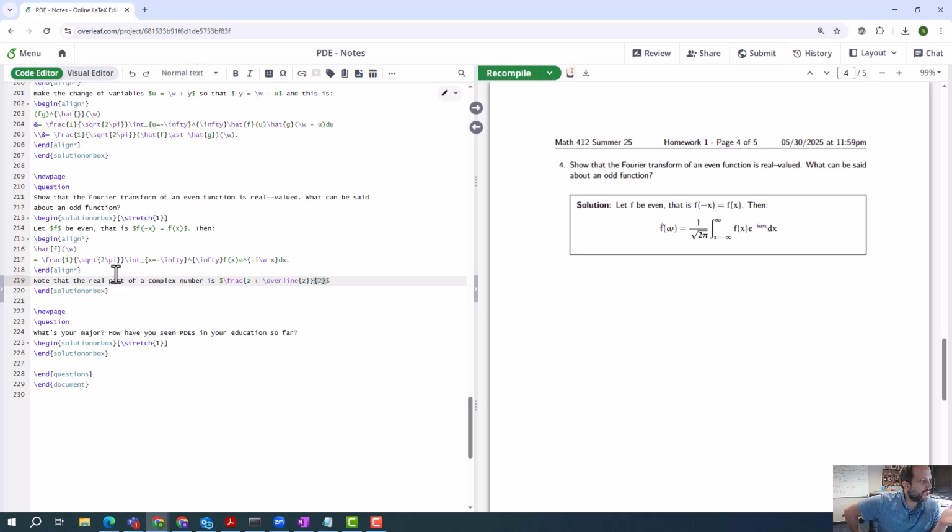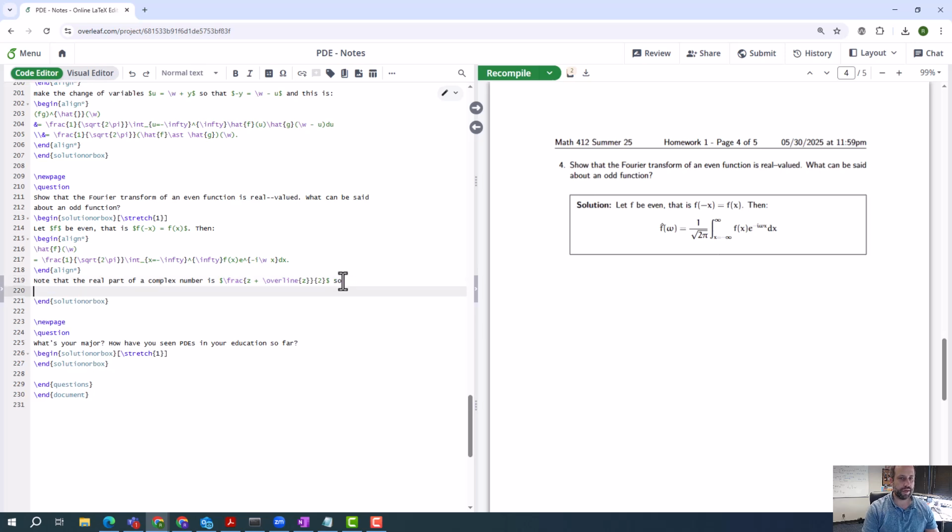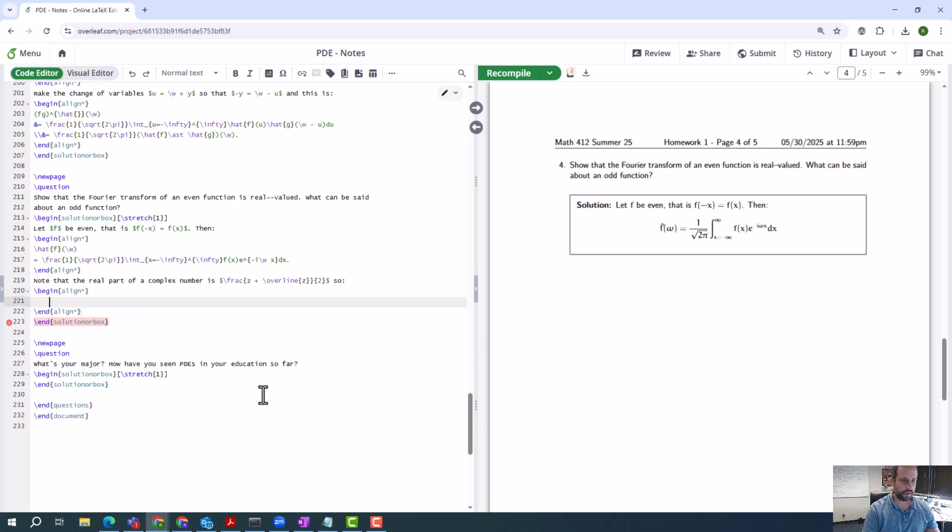Because if z is a plus bi, z bar is a minus bi, so a plus bi plus a minus bi, the bi's cancel and you have 2a, and divided by 2 just gives you a. There's a similar statement if you do minus and put 2i, that gives you the imaginary part. But we'll do that part in a second. We'll put a 2 here.